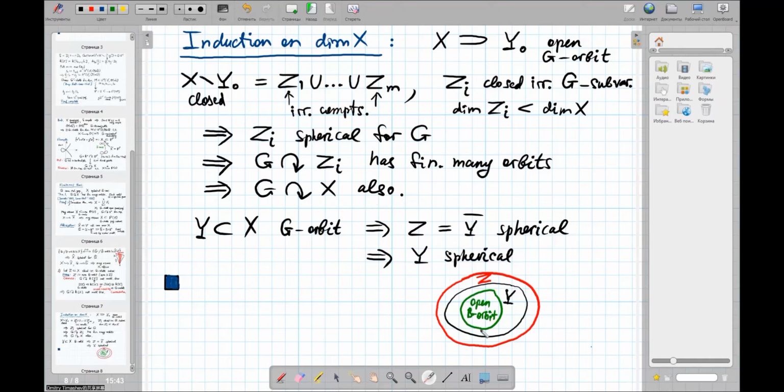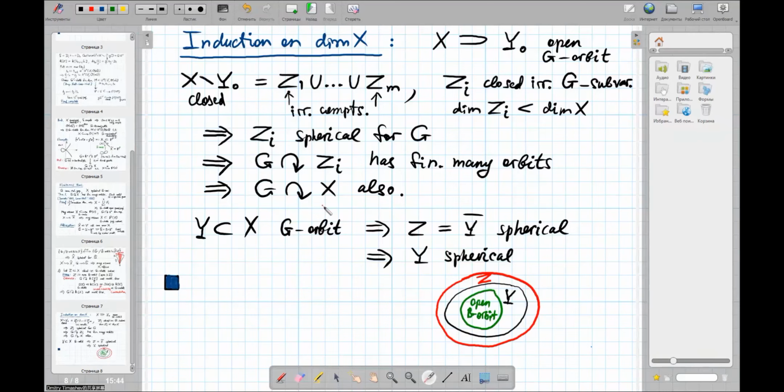Okay. So, more questions, comments, whatever. Well, let me announce what will come in the next lecture. So this was the finiteness theorem, the first finiteness theorem, which I proved: given any spherical variety, there are only finitely many orbits of the group G acting on it.